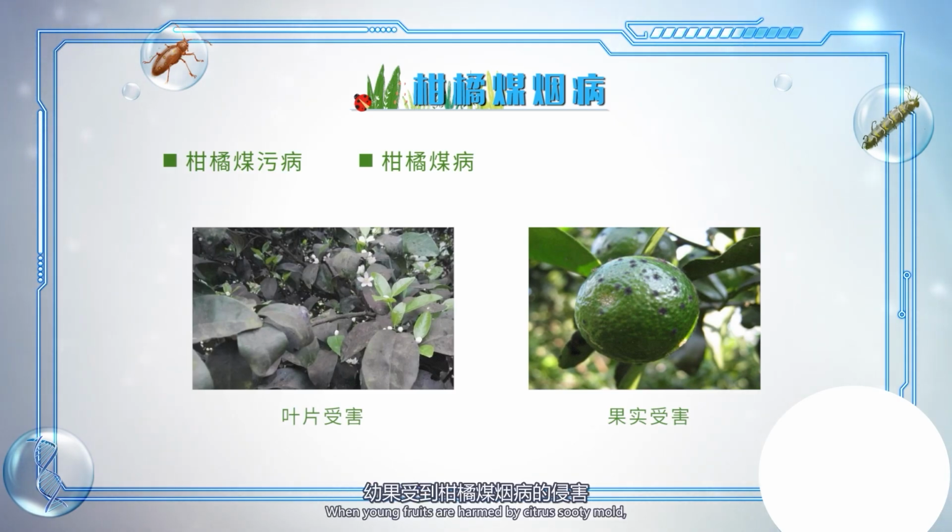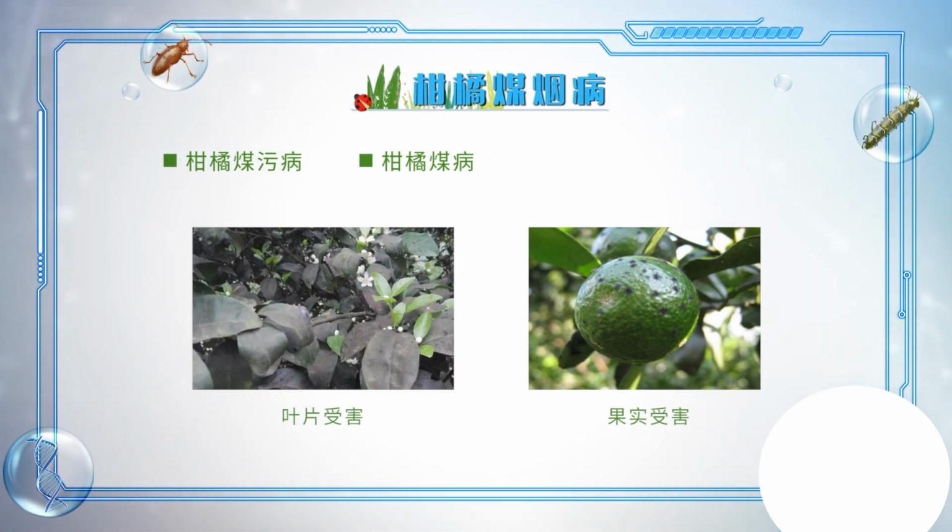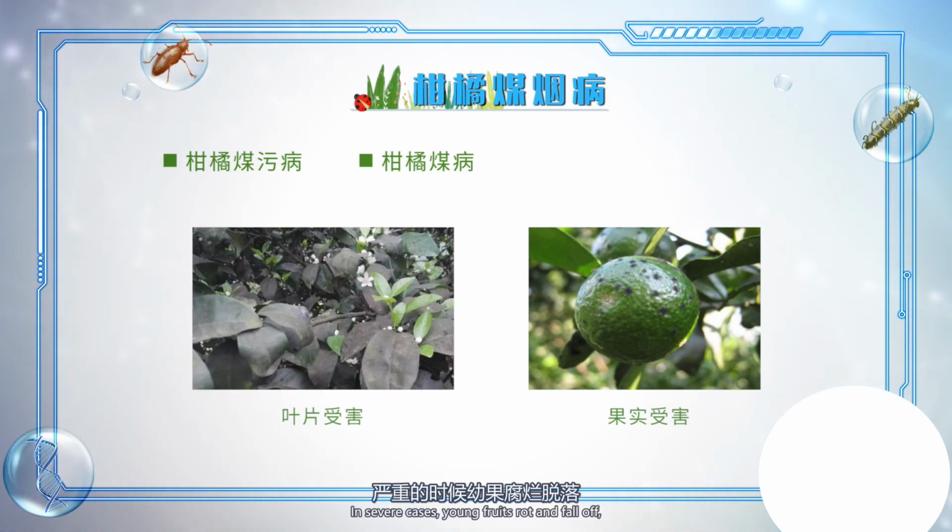When young fruits are harmed by citrus sooty mold, dark brown mold layers are also formed at the harmed parts, with a few small black spots scattered. In severe cases, young fruits rot and fall off, resulting in yield reduction in the fruiting orchard.